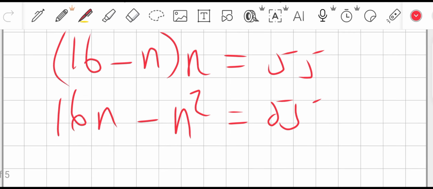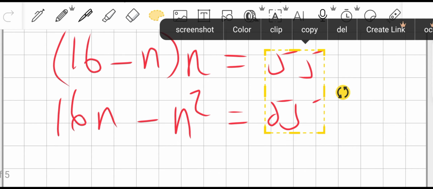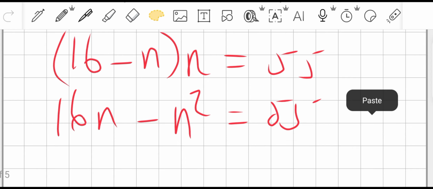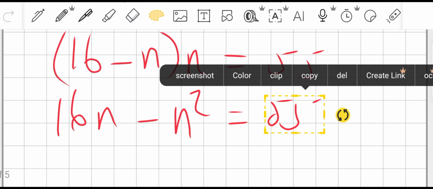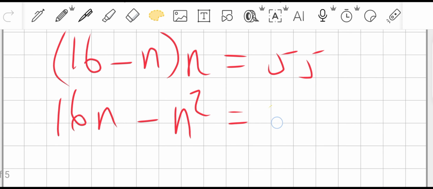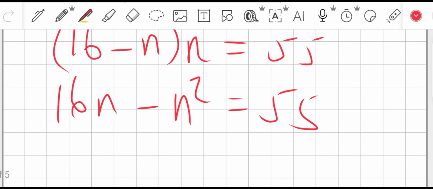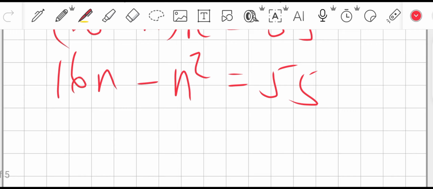Now we want to avoid a negative n squared. So because of that, we bring all these things to the right hand side.